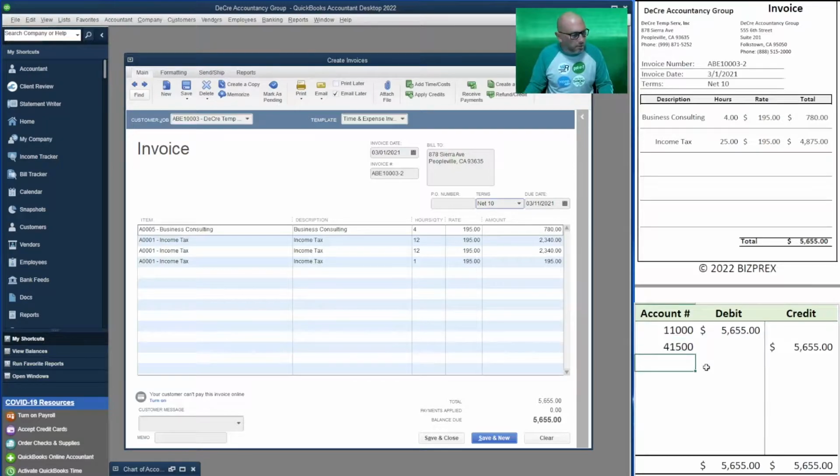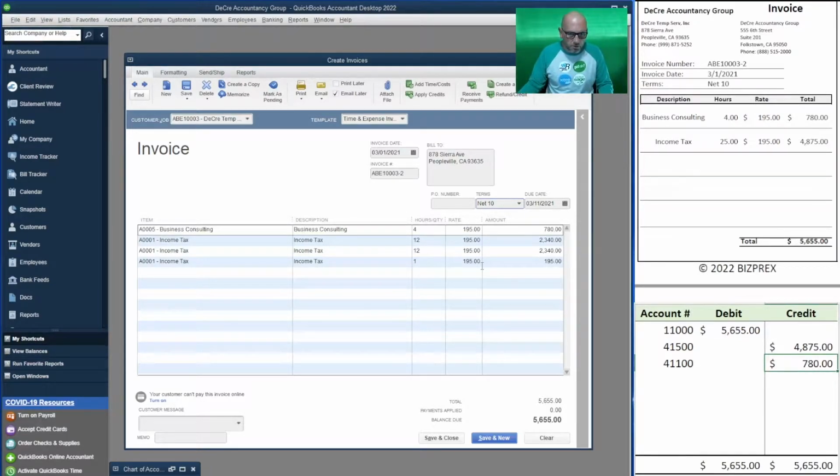And we have business consulting, and that is accounting services income, and that is 41,100, right? So there it is right here. Consulting gets 78, and then the rest goes to 2,340 plus 2,340 plus 1. There it is. Debits and credits are in balance.